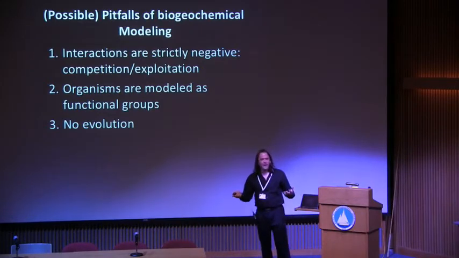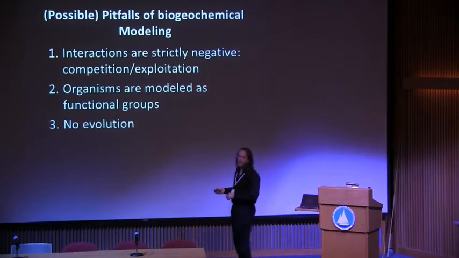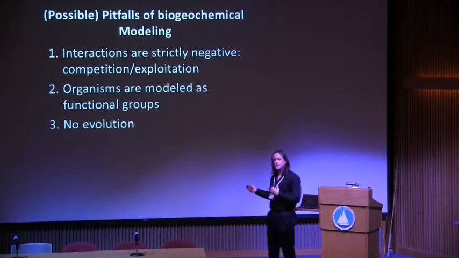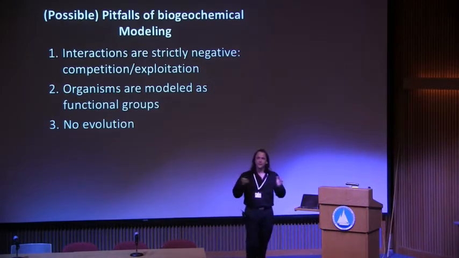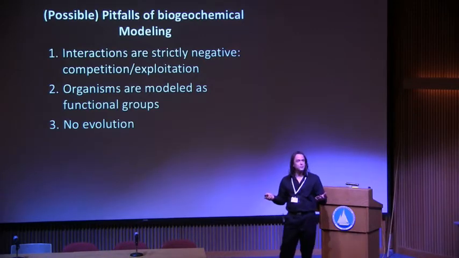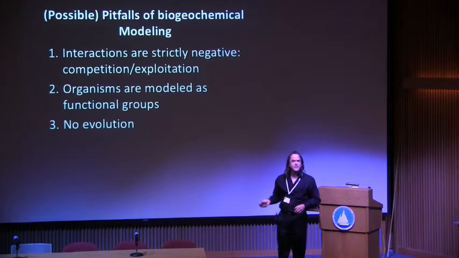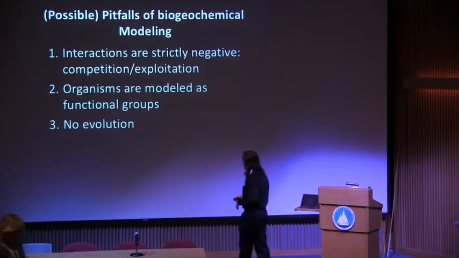So maybe that's okay, but maybe we're losing something there. And of course, the focus here is that we don't think about evolution, or at least we assume that evolution isn't going to move these species inside this functional group outside of the constraints that we define the functional group as. We assume evolution is happening, but just moving around somewhere inside that box, and it's picked up by the model in that way.